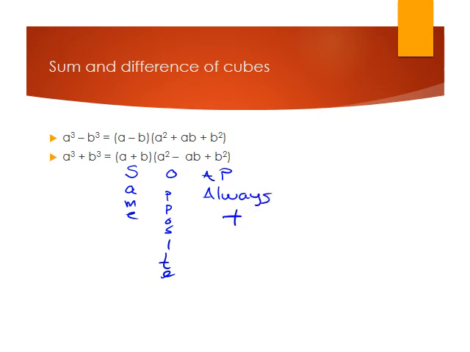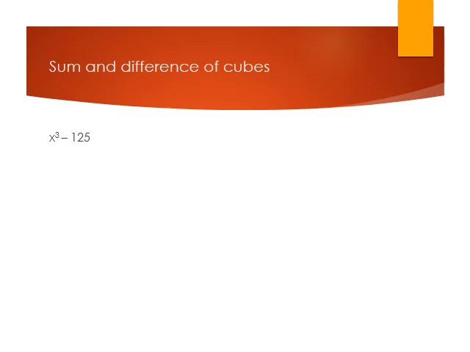Okay. So what do I mean? Let's look at an example. So x cubed minus 125, the cube root of x cubed is x, and the cube root of 125 is 5. So my binomial factors to x minus 5, same sign, so same.